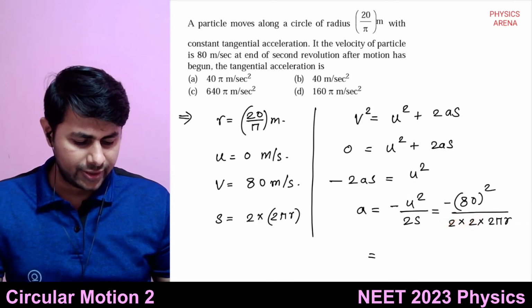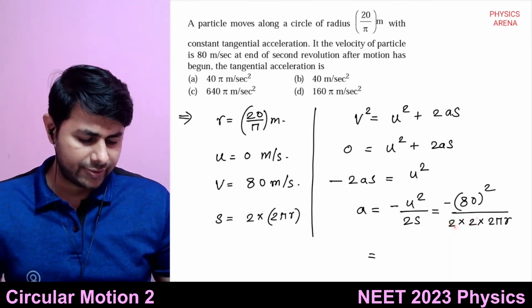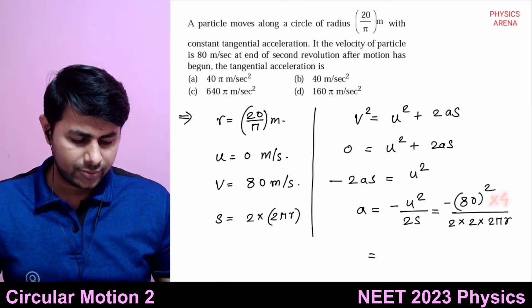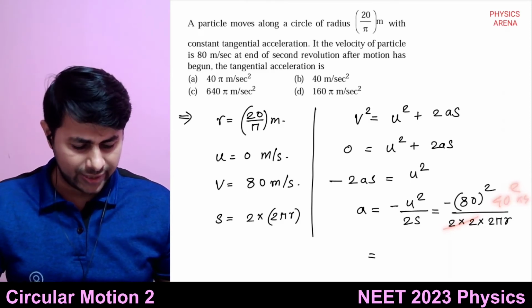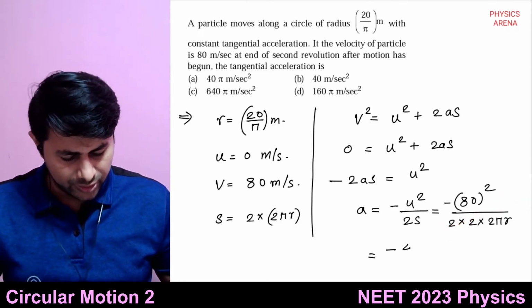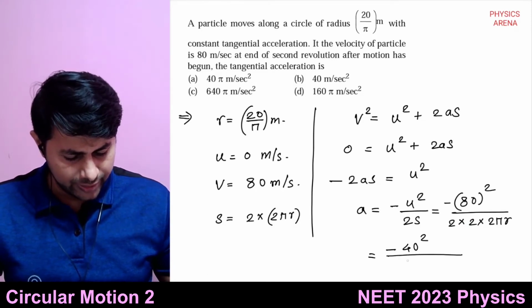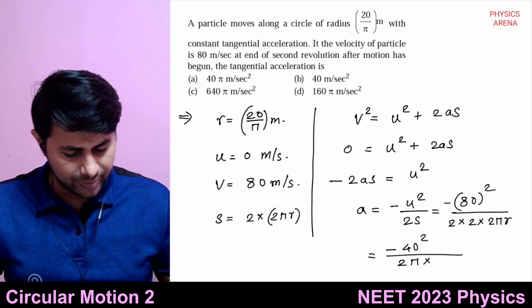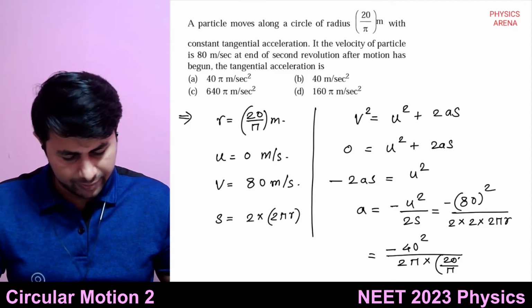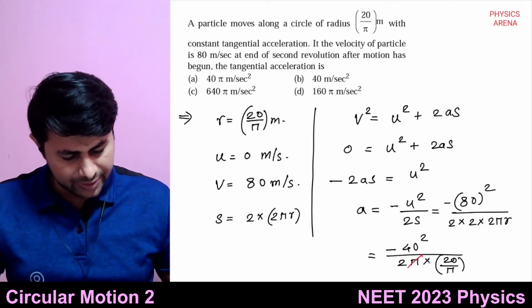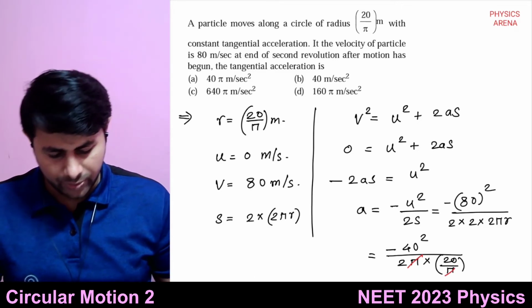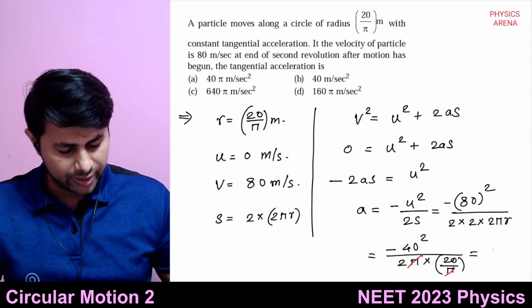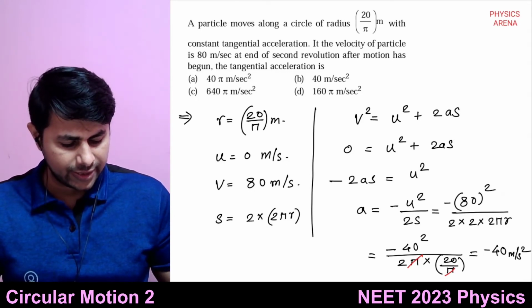So 40 square multiplied with 4, and this 4 will get cancelled. So minus 40 square upon 2 pi multiplied with radius 20 by pi. This pi and pi get cancelled. So in the denominator you have 40, in the numerator you have 40 square. So the answer will be 40. So minus 40 meters per second square will be the answer.